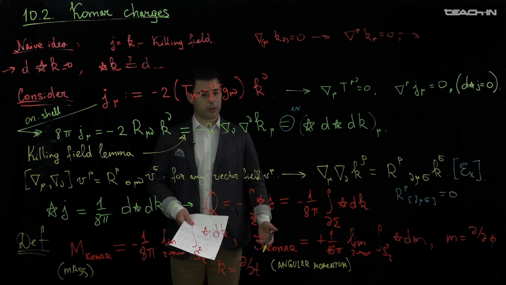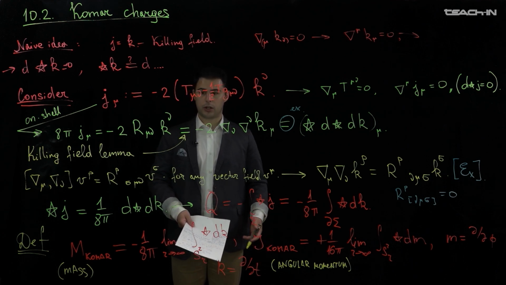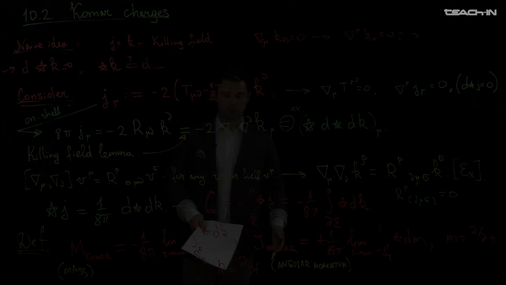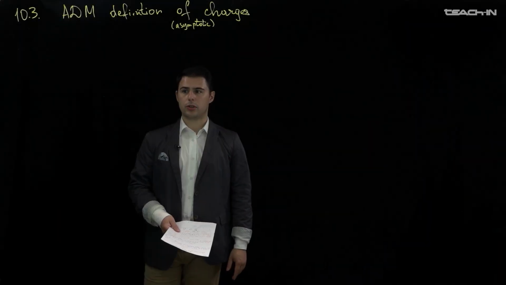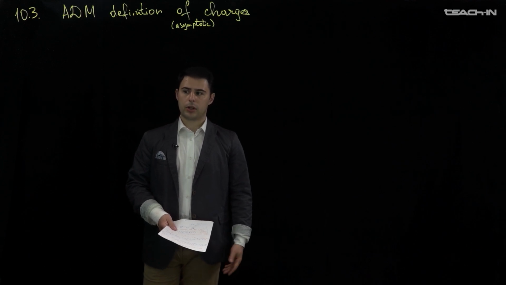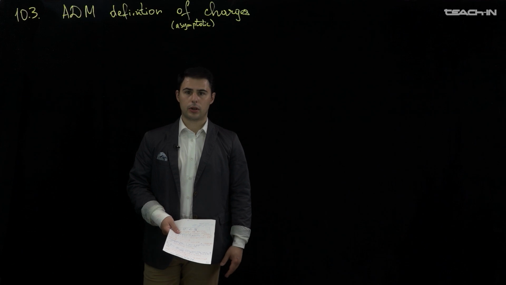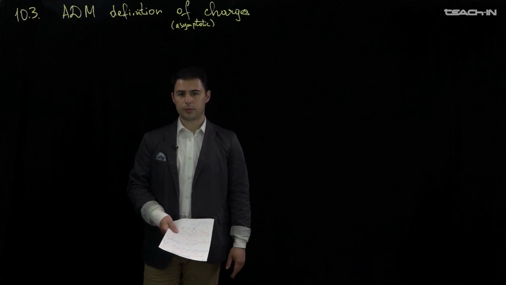Next, we will see how to define the charges when we don't have a global Killing field in our spacetime. One of the benefits of the Komar construction was that the charges were defined in a covariant, geometric way. However, this construction only works when the solution has the corresponding Killing fields.